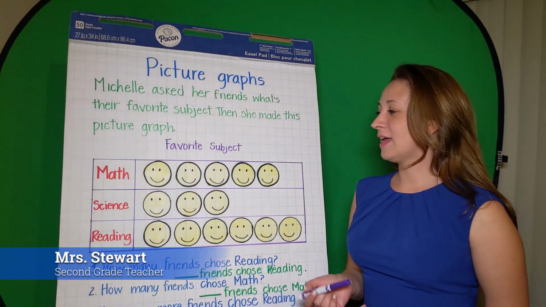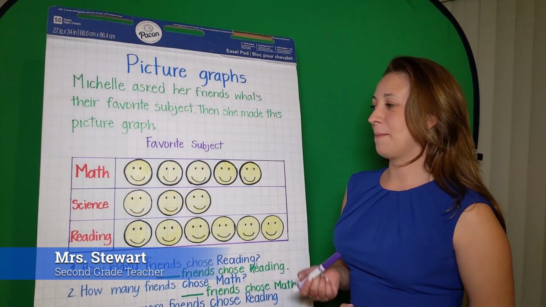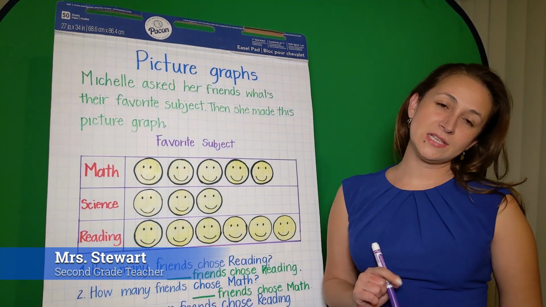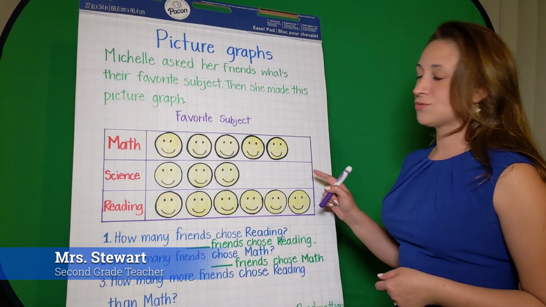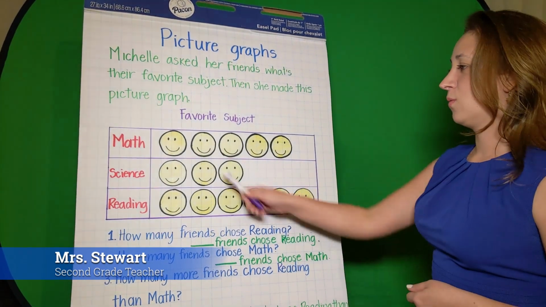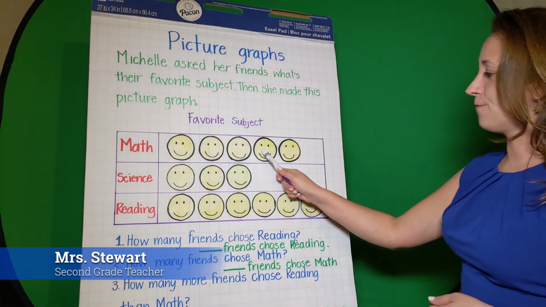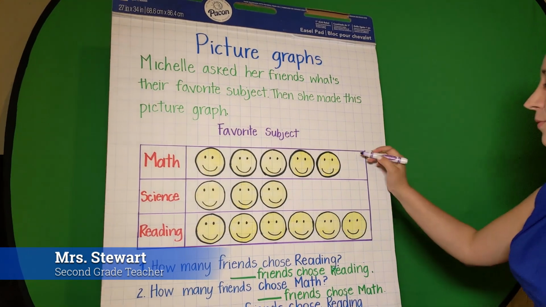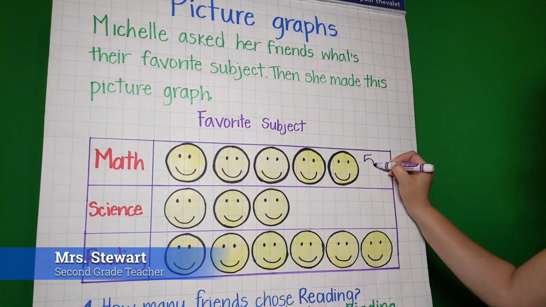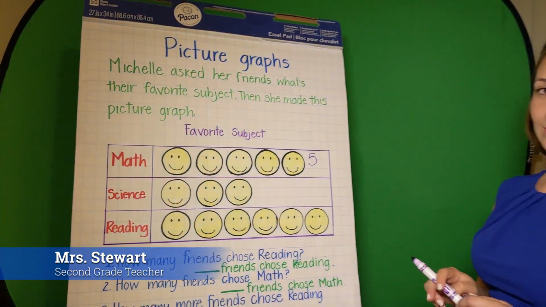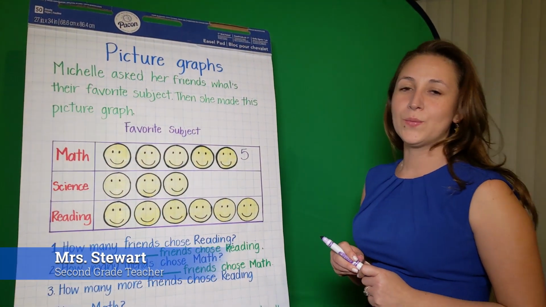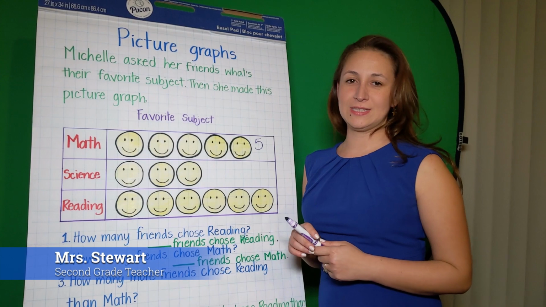Now let's go ahead and count how many students like math. If each happy face represents one student, that means that 5 students like math. 1, 2, 3, 4, and 5. And we're gonna label. Now we're going to do the same for science.